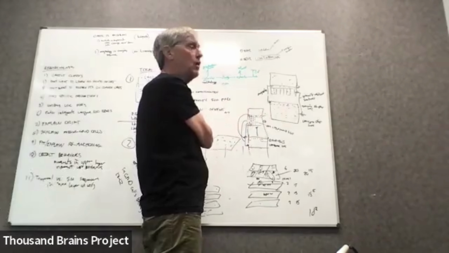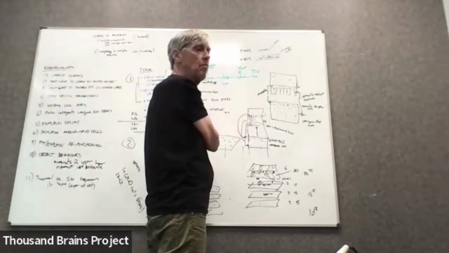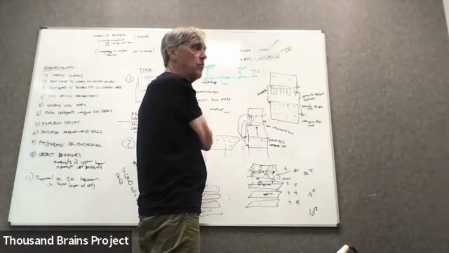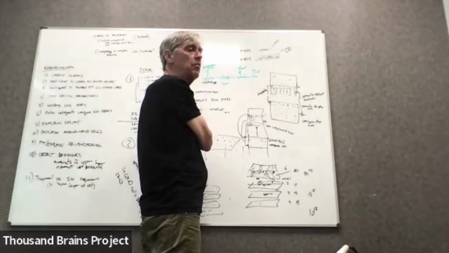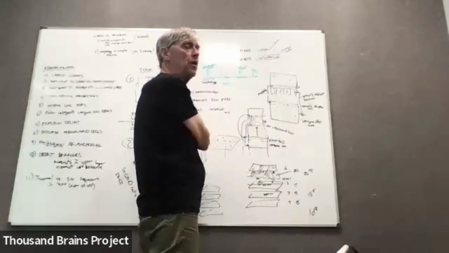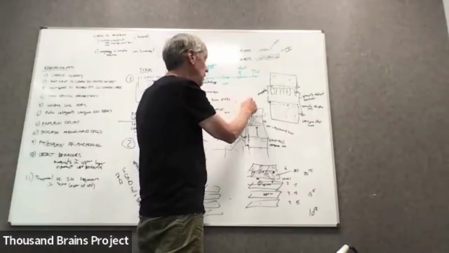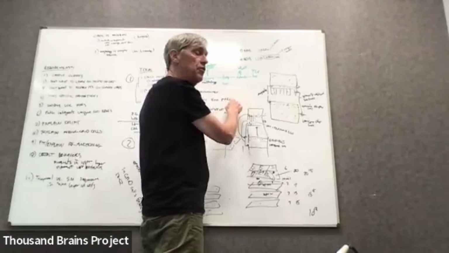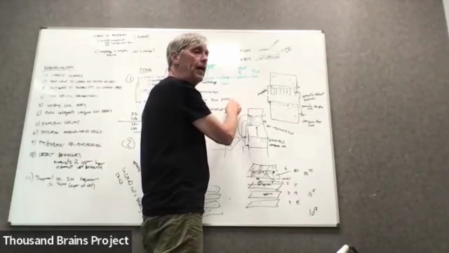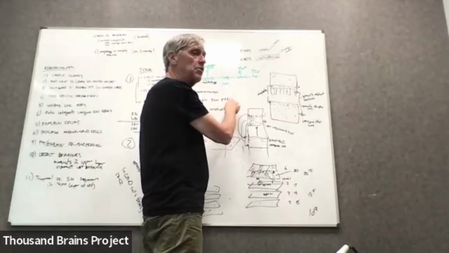We could just associate three random SDRs with those three locations. Well, then it wouldn't be able to do path integration, because when I go from A to B to C and then I go back to A, how would it know? It has to know to go back to A. I can't learn that. I have to just know it. I have to know that I'm back in the same location.